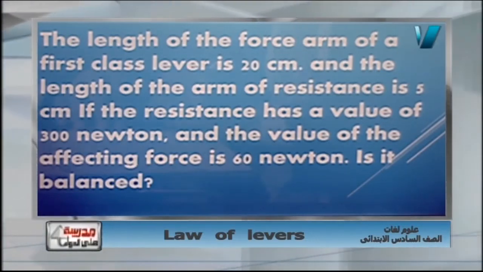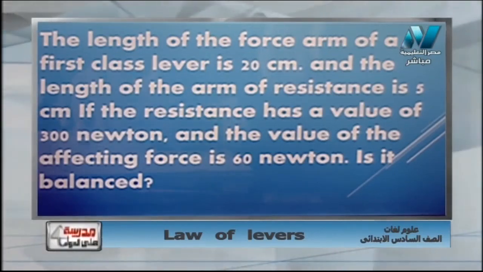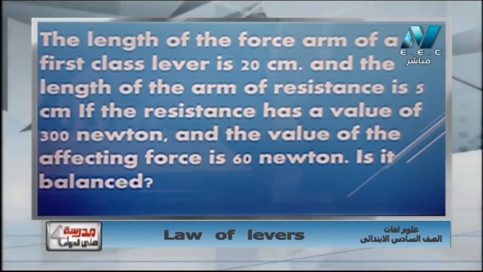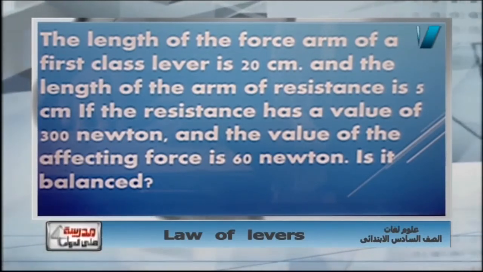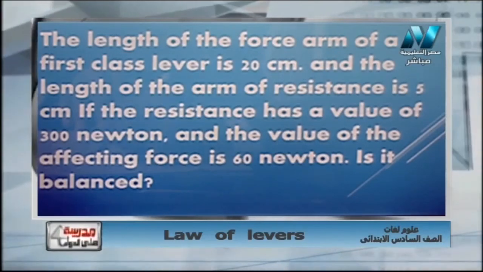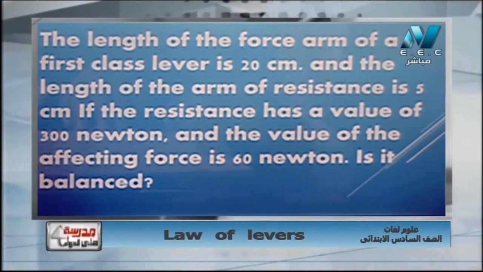If the resistance has a value of 300 Newton, there are three givens. And the value of the affecting force is 60 Newton. F equals 60 Newton. Is it balanced?